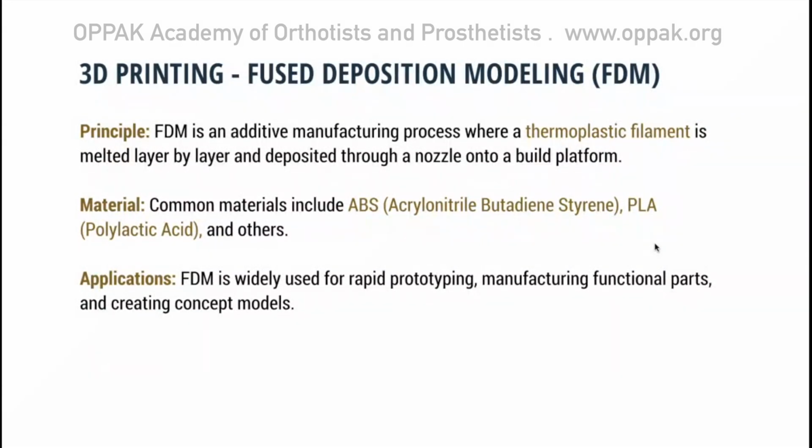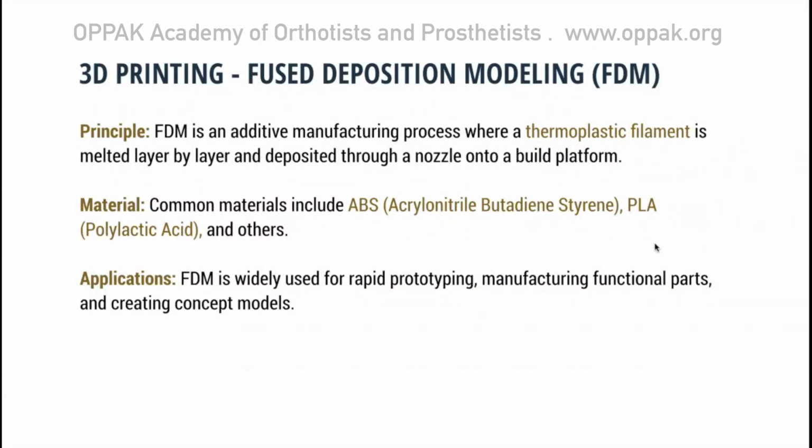This is the first one, and the second one is fused deposition modeling. Instead of liquid, in this technique we use thermoplastic filament, and this is the most commonly seen because the FDM technique is available not only in bigger sizes but in smaller, very handy 3D printers. So it's very common and easily available, from cheap machines to very highly efficient machines.